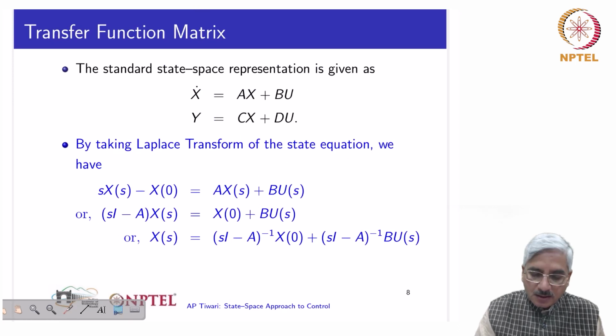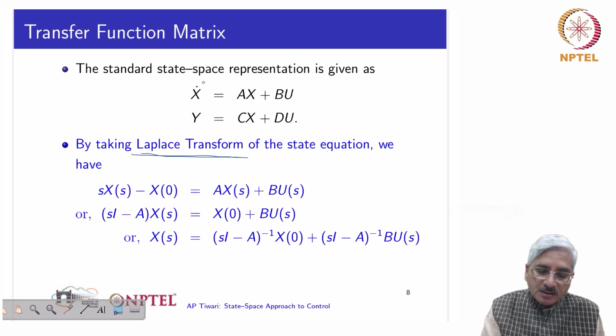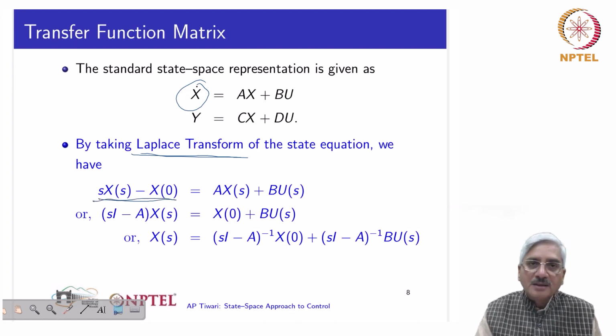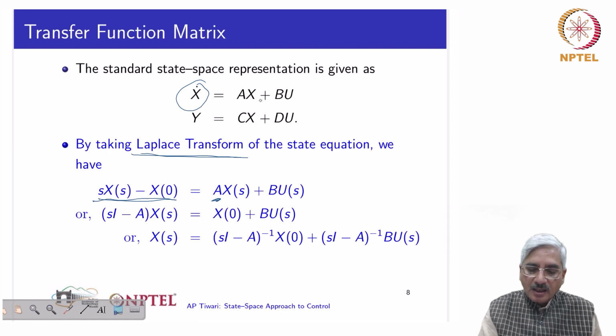If we take the Laplace transform of these equations, then from the first equation, because this is x dot, on taking Laplace transform it will give sX(s) minus x0, and A is a constant matrix, so we have A as it is, and x(t) gives X(s). Similarly Bu gives B times U(s).